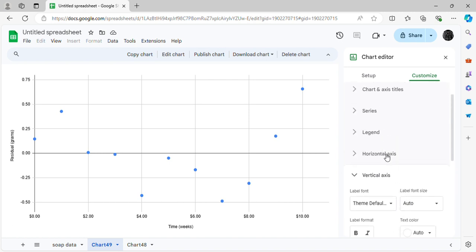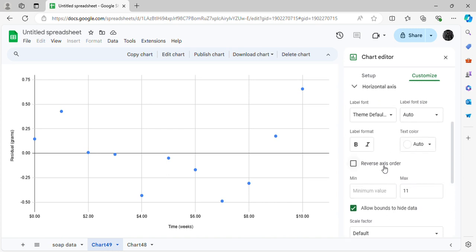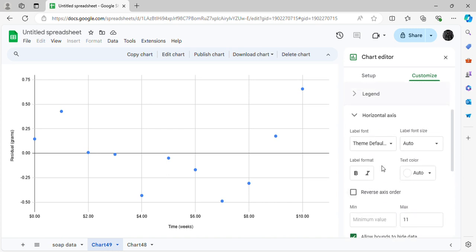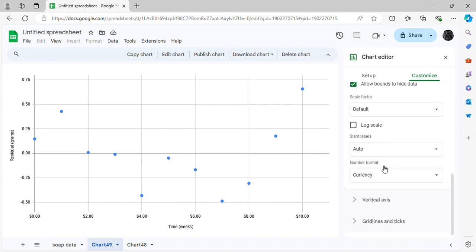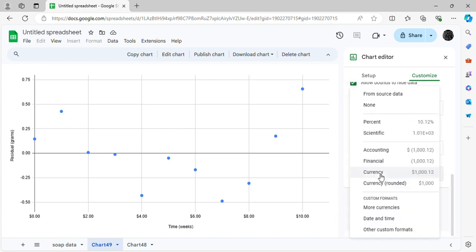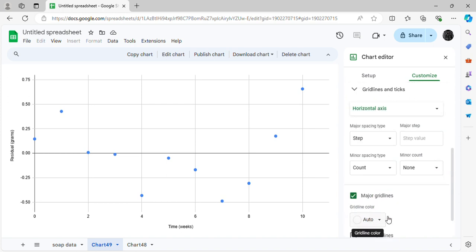Now for the horizontal axis, number format, we select none, and grid lines and ticks. For the horizontal axis, we have the steps in one.